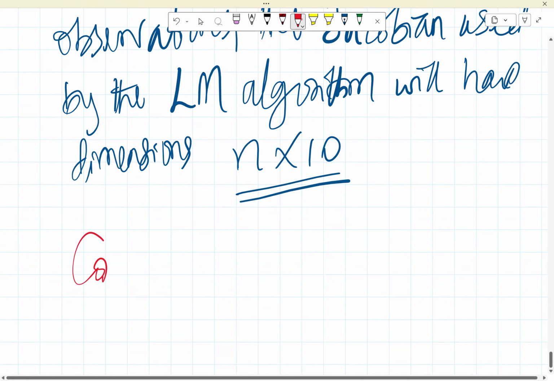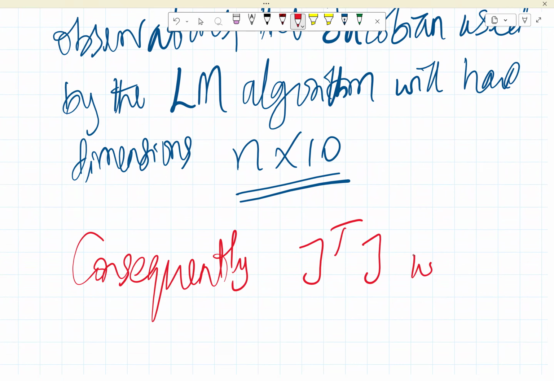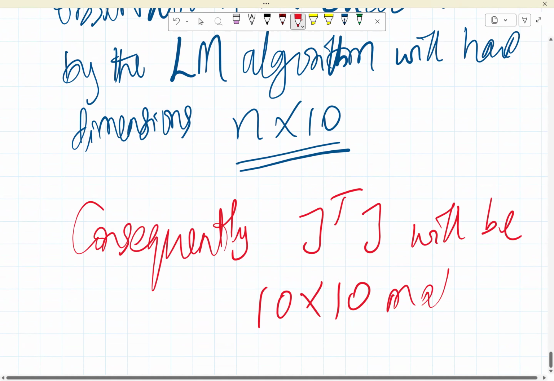Consequently, J transpose J will be 10 by 10. In that case, J transpose J will be a 10 by 10 matrix.